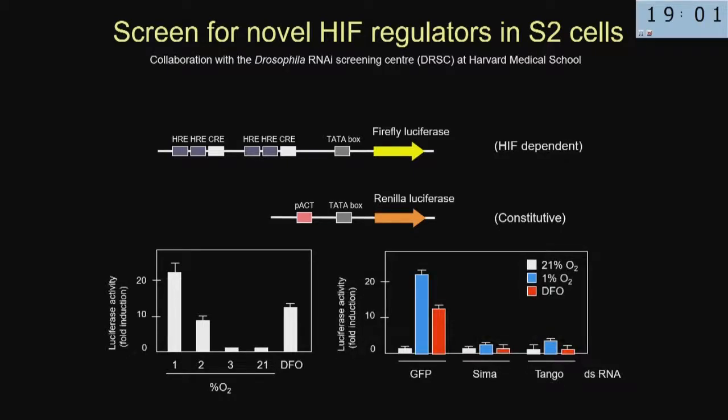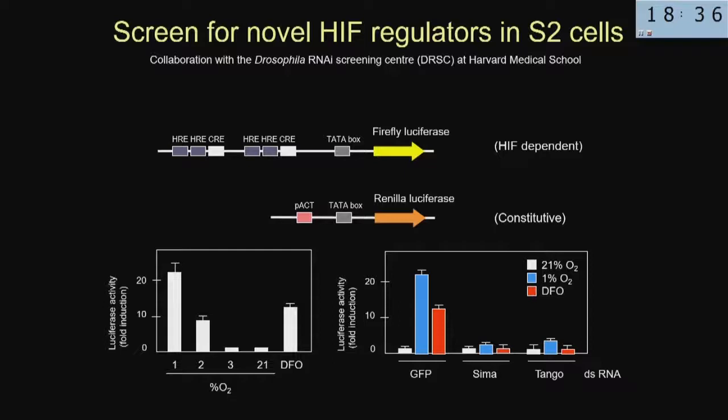What we did next is to treat the cells with RNAi against the two subunits, the alpha and the beta subunit, which are Sima and Tango. As you can see here, the strong induction that occurs in hypoxia is completely blocked. The same applies to DFO, the iron chelator.